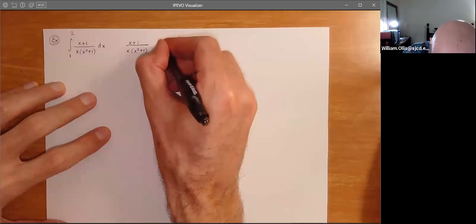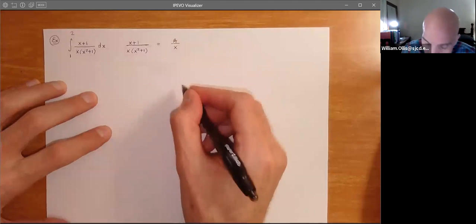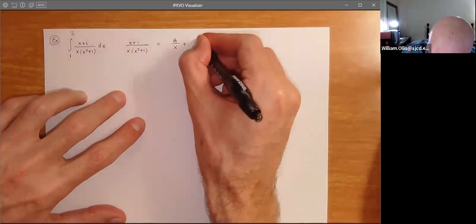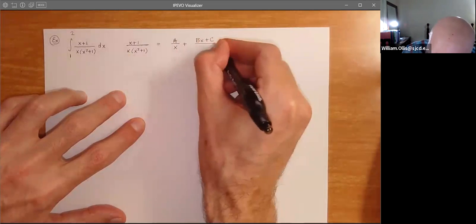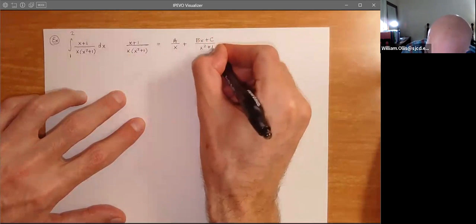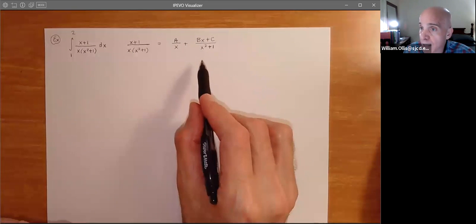So here we have A divided by x. Again, we have the distinct linear factor. And then, of course, we have the irreducible quadratic. So we can use the same letters if you like, bx plus c over x squared plus 1. So the idea is that you basically use your common sense to set this up.